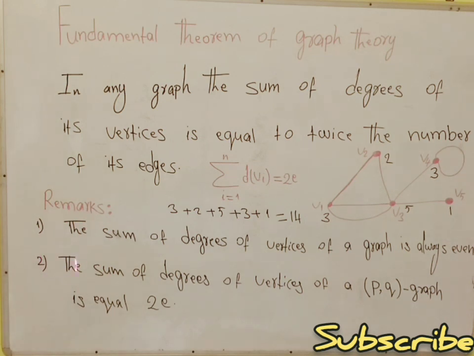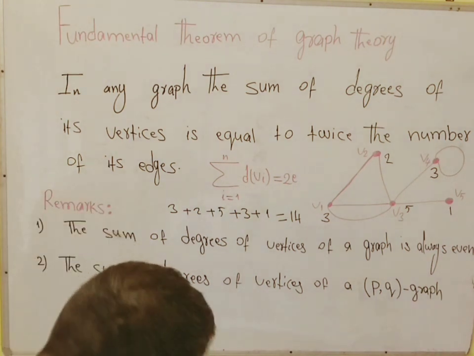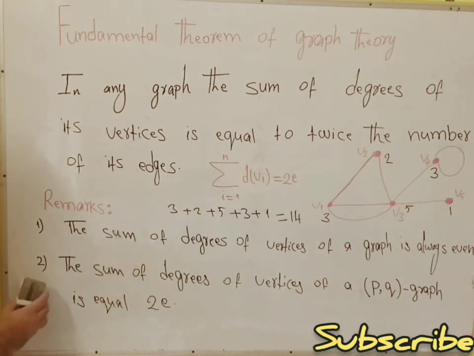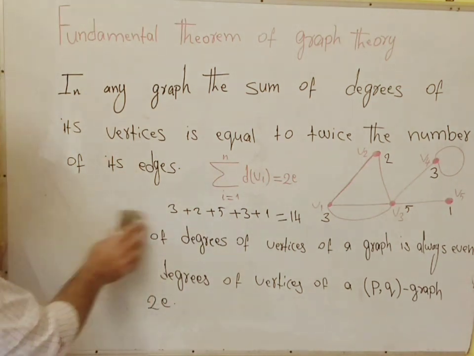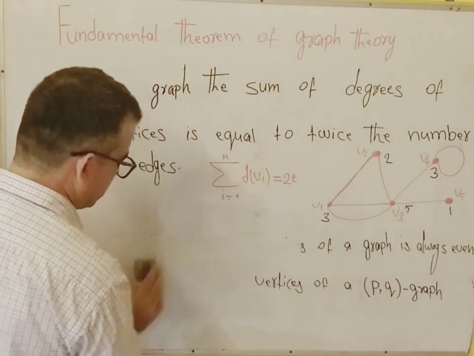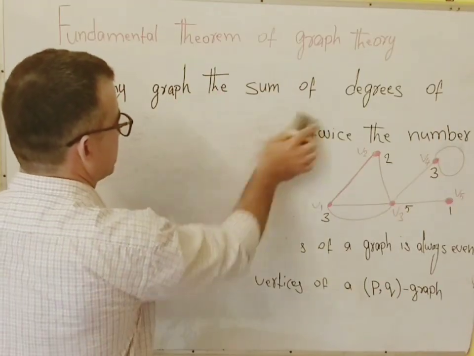The next one: the sum of degrees of vertices of a PQ graph is equal to twice the number of edges. As we know, a PQ graph is a graph that has P vertices and Q edges. Let me show you an example here.